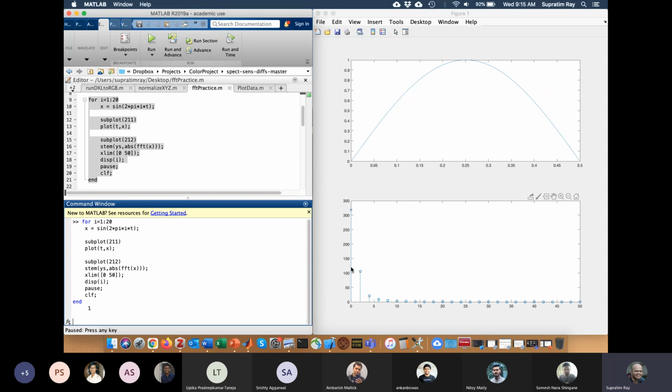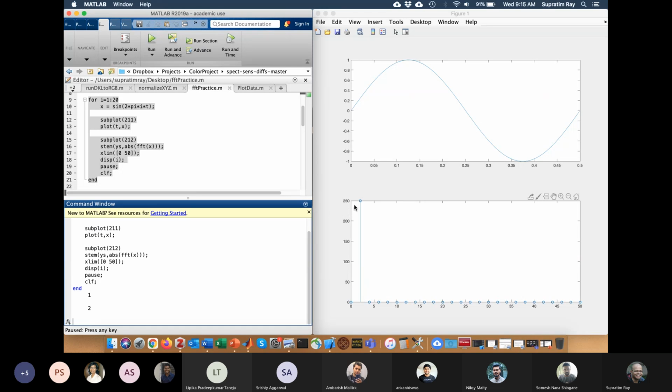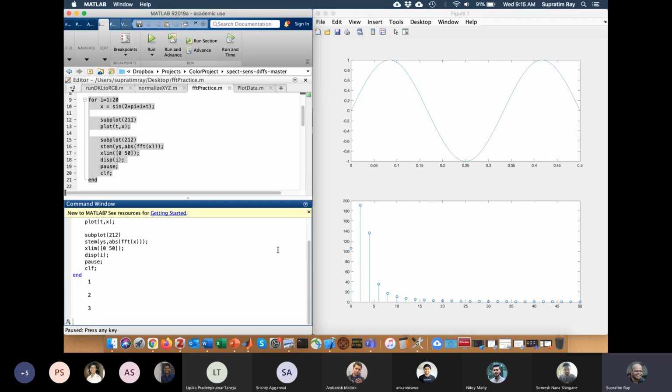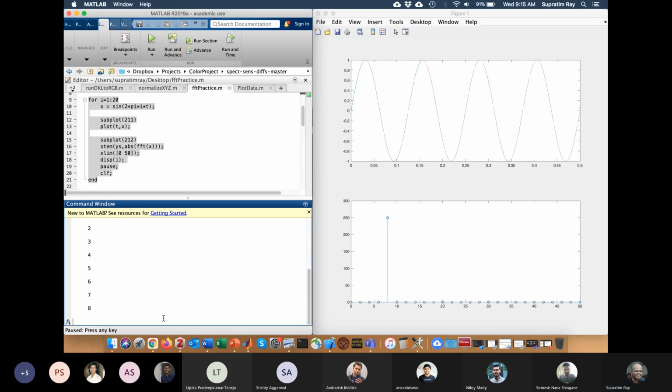And you need many components to represent this properly. You need a 0 hertz. You can see this peak at 0 and 2. Now, if I move forward and make it 2, now it's a full cycle. So now the peak is only at 2 and is 0 everywhere else. Okay, and for odd ones, you will see that it breaks into many components, and for even ones, it becomes a peak. See that?